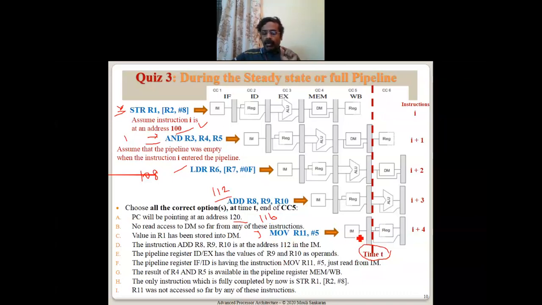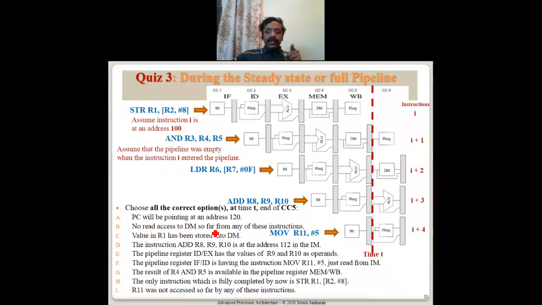And what I told you during the instruction fetch stage is that PC is incremented by 4 for the next cycle to access the next instruction. This instruction has already been fetched, and I am asking you the question at the end of cycle CC5, that is at time t. That means it should have been updated by now with the plus 4 value. That means 120 should be the value of PC at time t. So this is correct. Okay, A is correct.